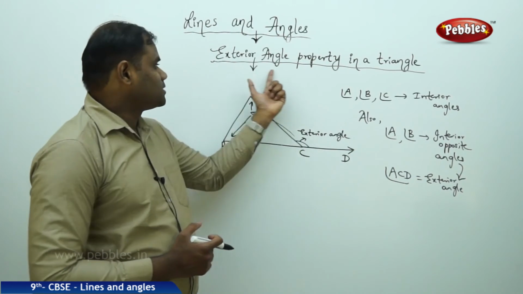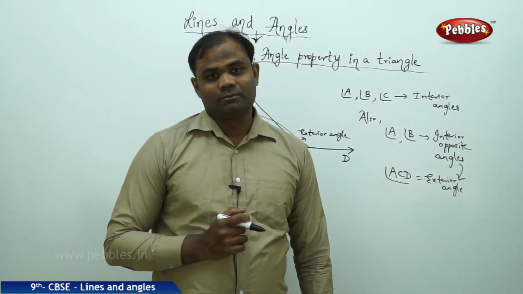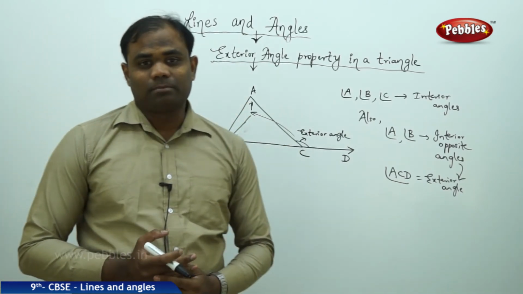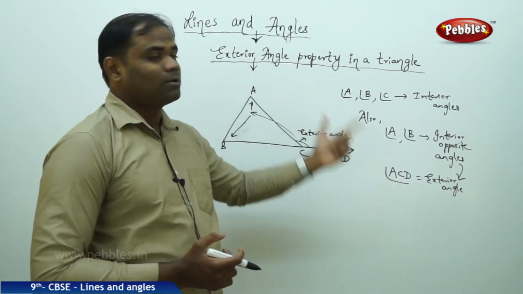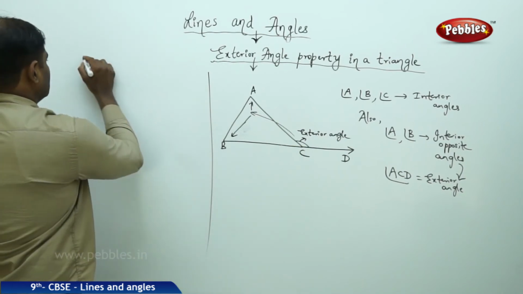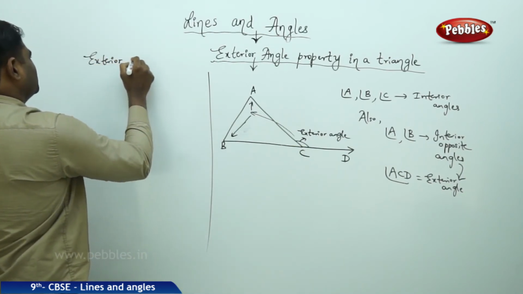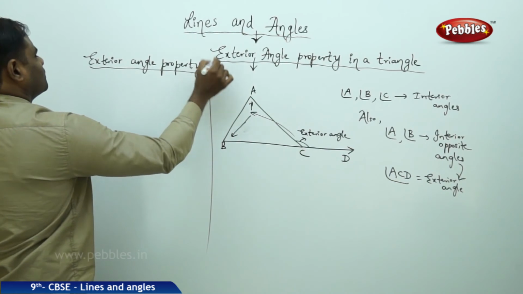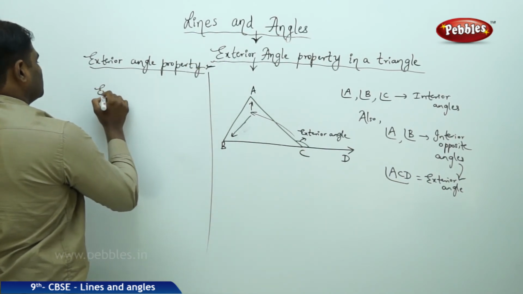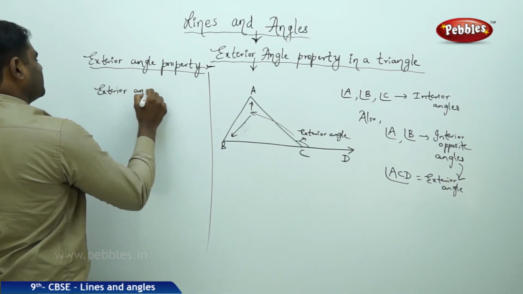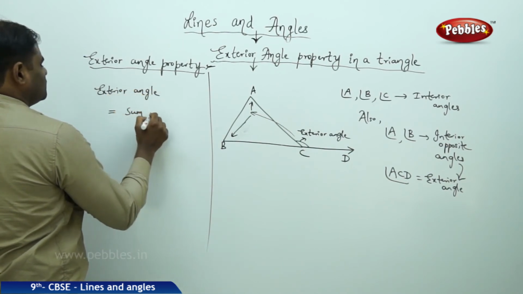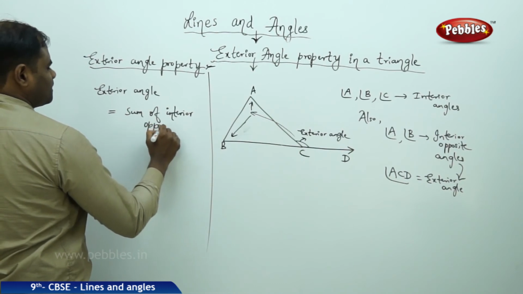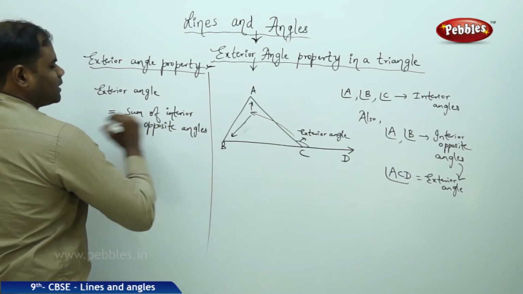Now comes the exterior angle property in a triangle. As we have the exterior angle and interior opposite angles, the mathematical property which defines the exterior angle property is: exterior angle is equal to the sum of interior opposite angles.